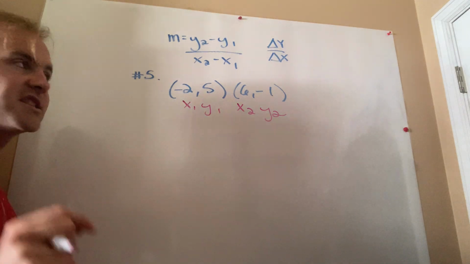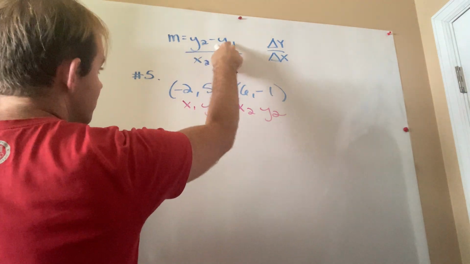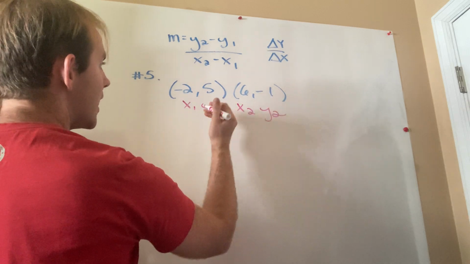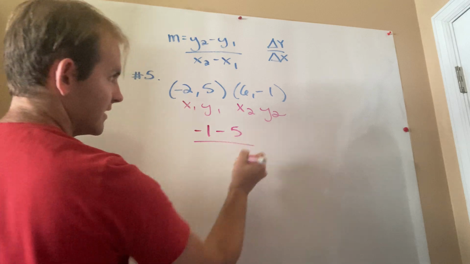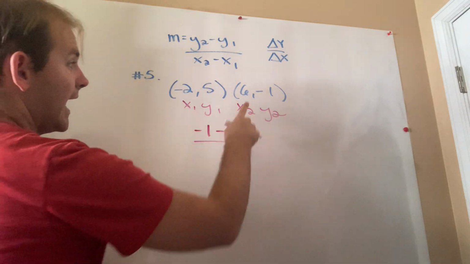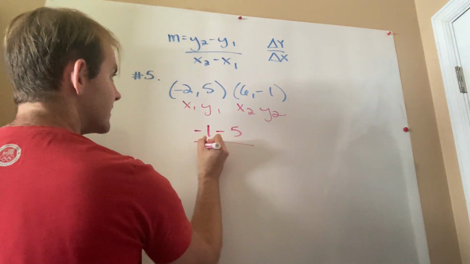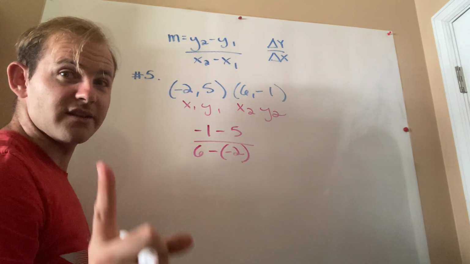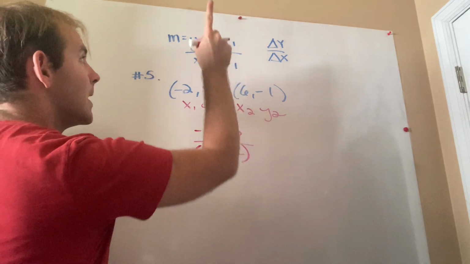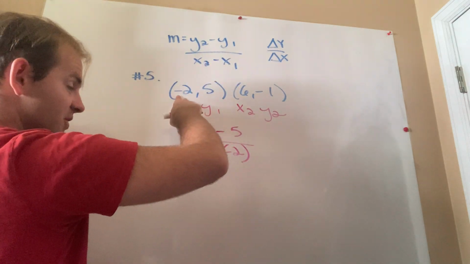So now, let's plug in. So we need y2 minus y1, so that means -1 minus 5. Let me write that down, -1 minus 5. Over x2 minus x1, so that would be 6 minus a -2. Again, take a look at that, 6 minus the -2.